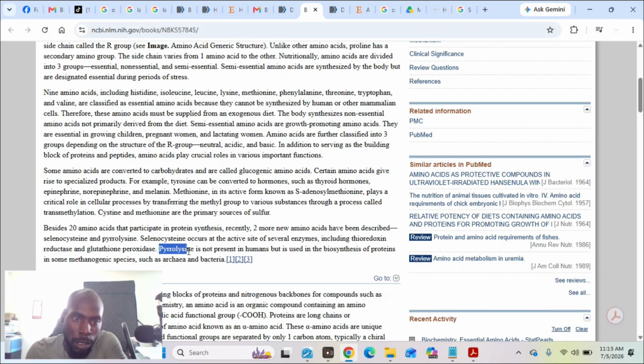And this one in particular is not present in humans, but is used in the biosynthesis of proteins in some methanogenic species such as archaea and bacteria.